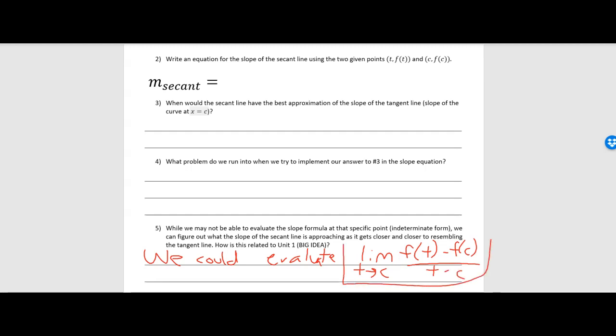And like I was just saying, we're going to see in future videos, this is one definition of this word I keep throwing around, of a derivative. A derivative is just a way to find the slope of a function at a given point. And to do that, we're going to find the limit of the secant line slope as it is approaching the tangent line.